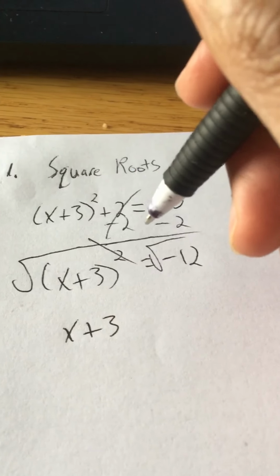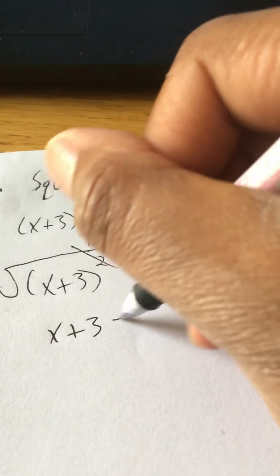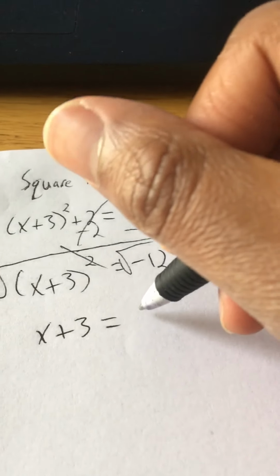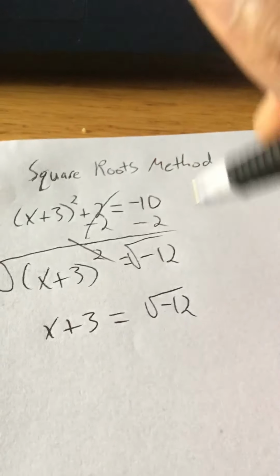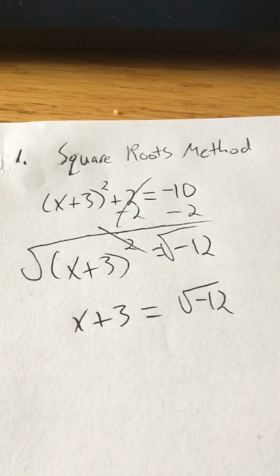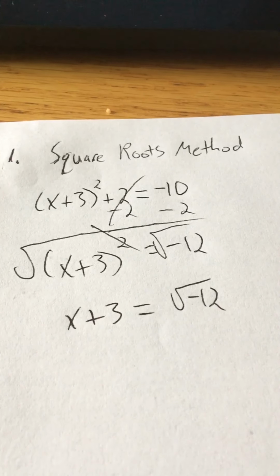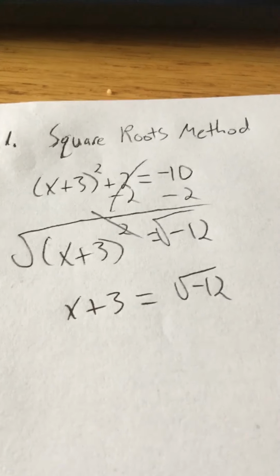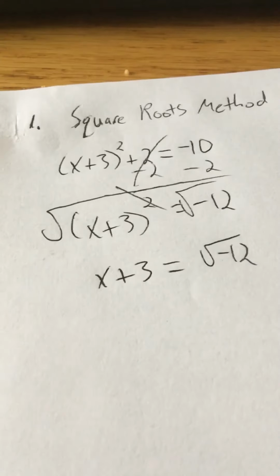And let's take a look here. That's being set equal to the square root of a negative 12. Now, I'm throwing a lot at you here. You need to pay close attention because no one has seen an example quite like this before.